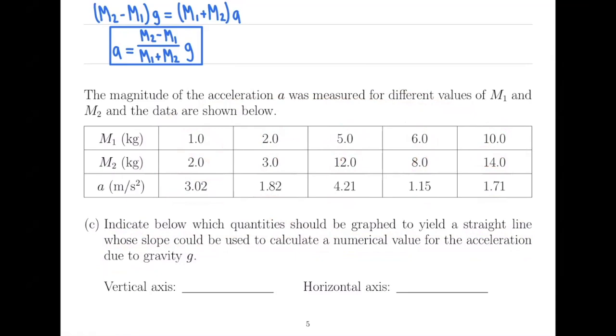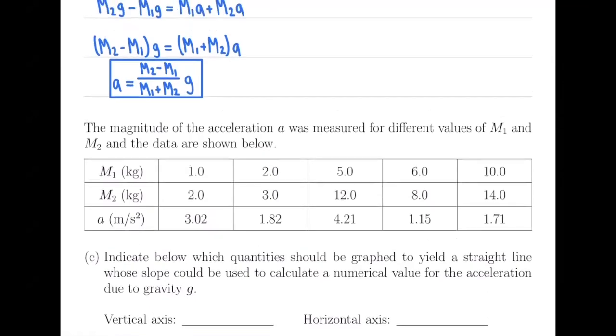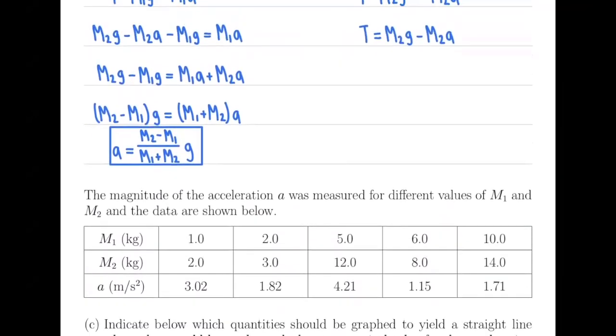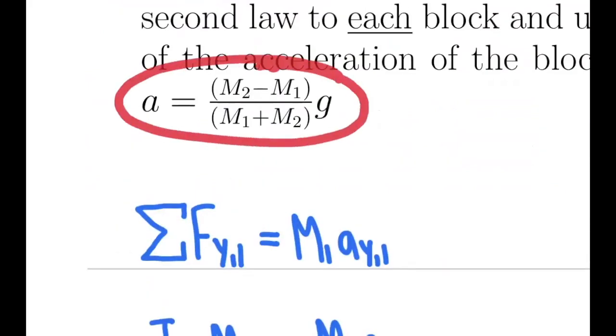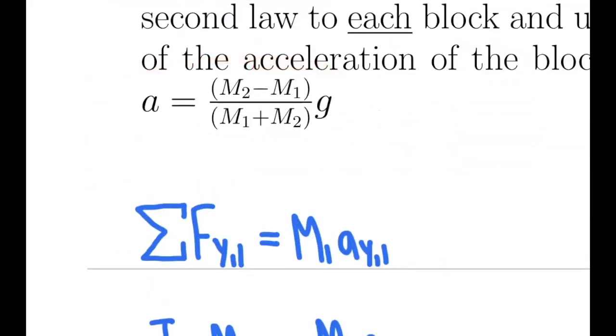So you can graph all of this, but we need to figure out how are we going to graph it? What's going to be the vertical axis and what's going to be the horizontal axis? And how can we make it so that the graph is a straight line with a slope that's related to g? So does anyone have any ideas? We have a relationship with acceleration and g right here that we just derived.